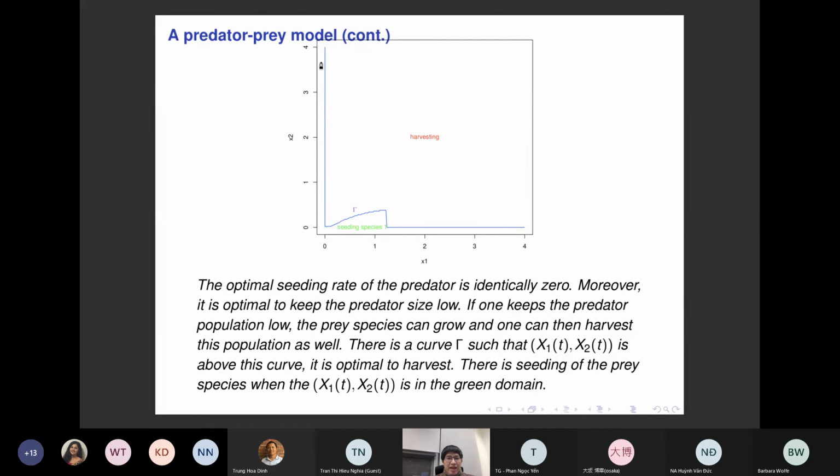Similarly, we also have a curve gamma, and if the population is above this, then we will harvest. Below this, we don't do anything. We only seed the prey, not the predator.